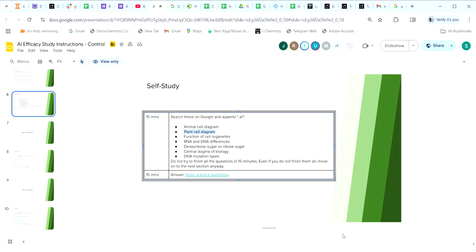A plant cell diagram typically includes structures like cell wall, cell membrane, nucleus, chloroplast, mitochondria, endoplasmic reticulum, Golgi apparatus, ribosome, vacuole, cytoplasm.